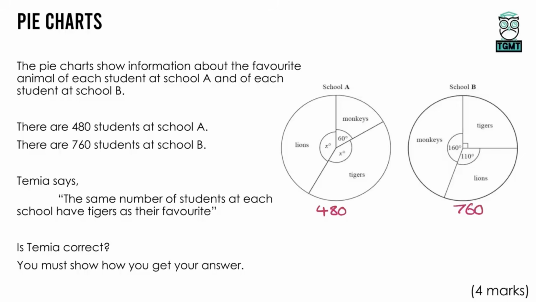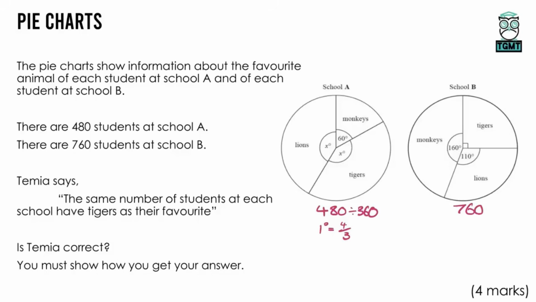So if we divide each of these by 360, and we'll start with school A, 480 divided by 360 is 4/3. Not the nicest of numbers, but 1 degree is equal to 4/3. That's fine, I'll just leave it as a fraction for the moment.